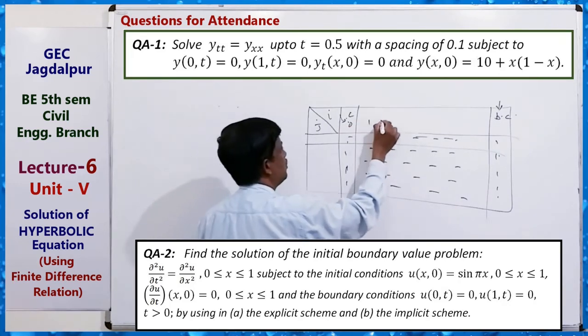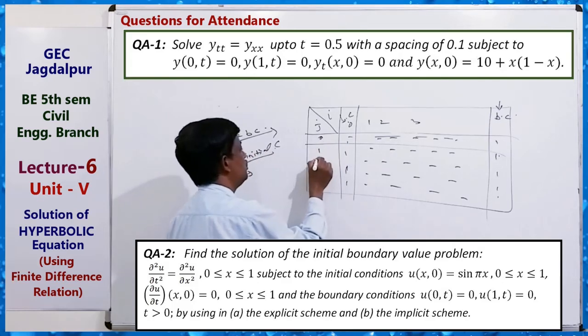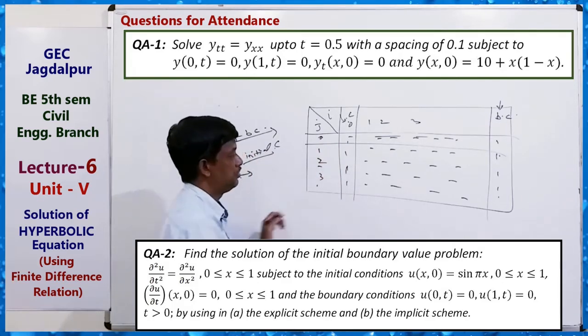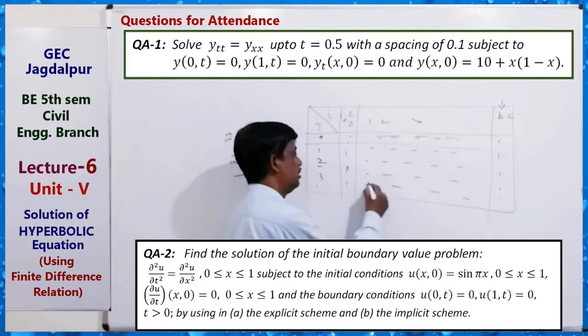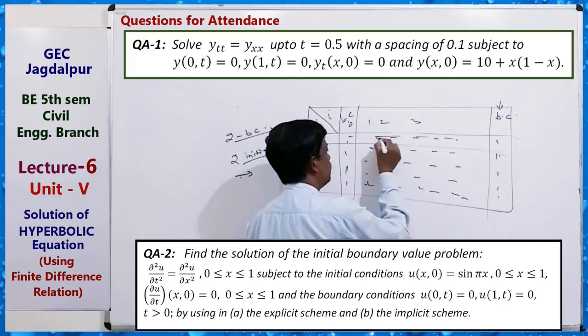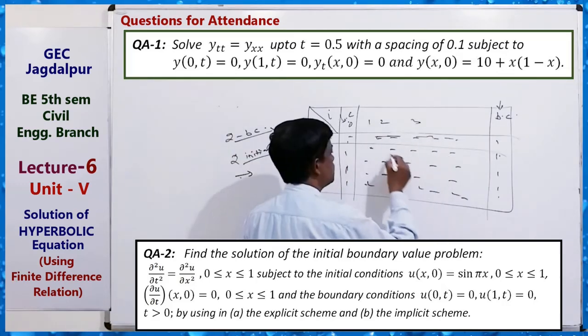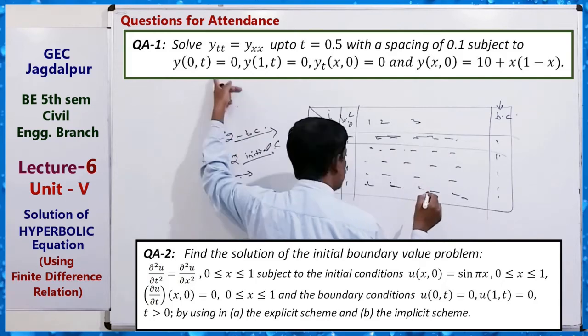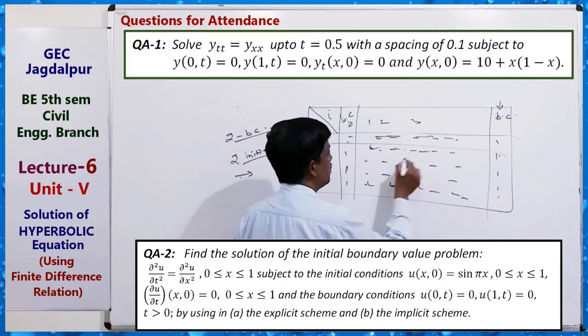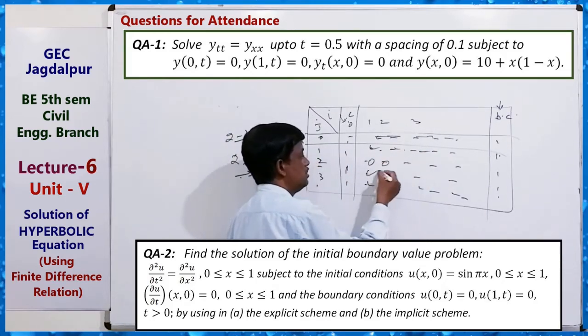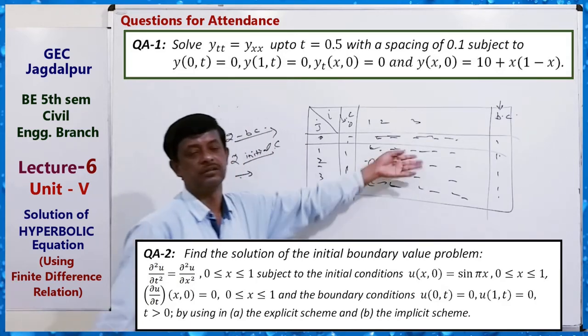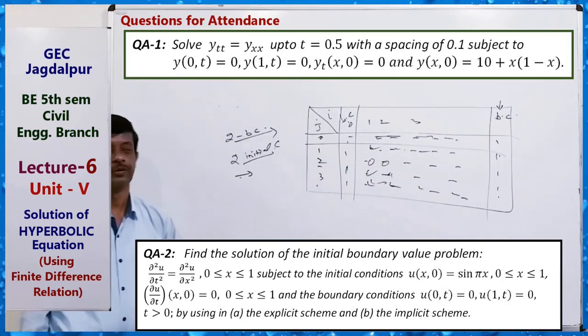Here 0, 1, 2, 3, and here 0, 1, 2, 3 and so on. This is the filling of the table. First from the first initial condition, second from the second initial condition and main formula, you can get this. And by the same process, you can get these values. This is the solution. Okay.